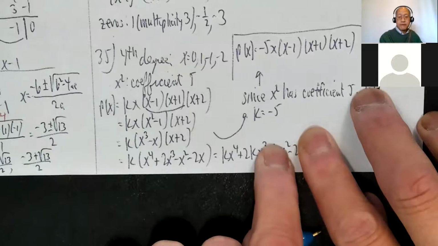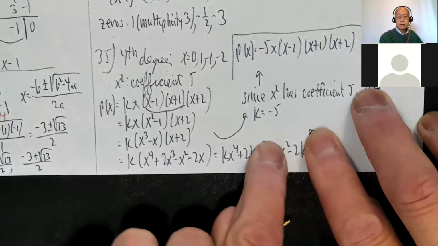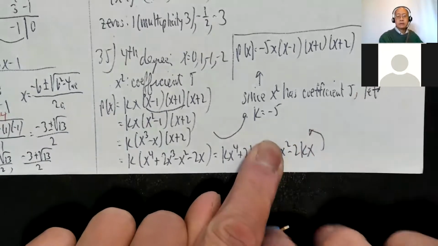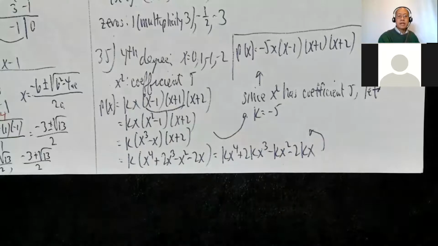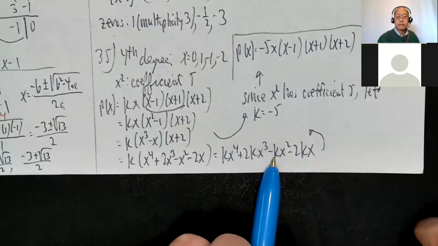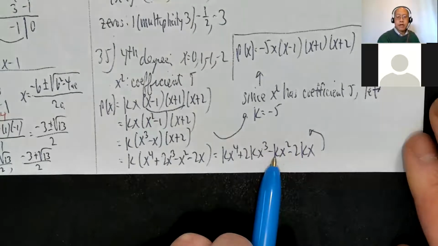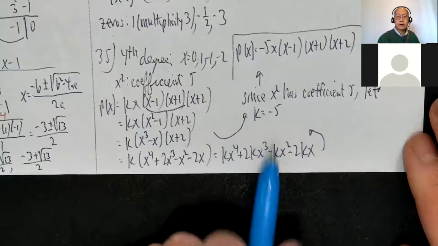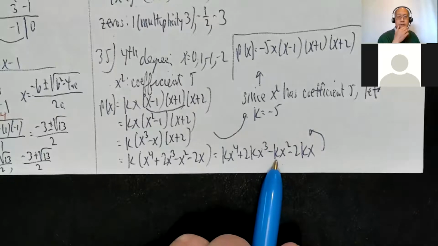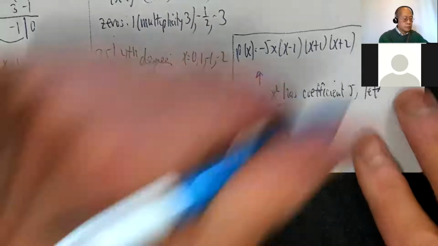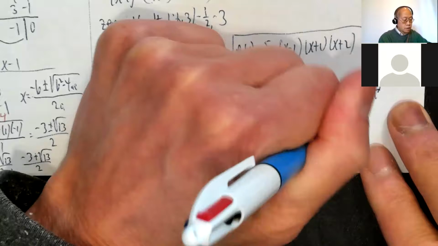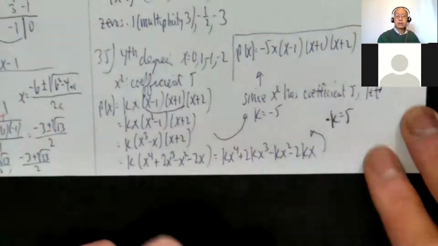So the thing behind my finger, which is negative k, has to equal 5. In other words, negative k equals 5. So if negative k is 5, then k is negative 5, since minus a negative 5 equals 5. Negative k has to equal 5, so k is negative 5.